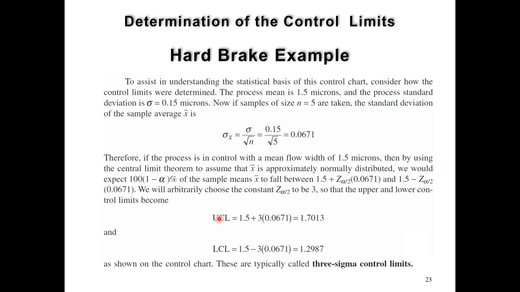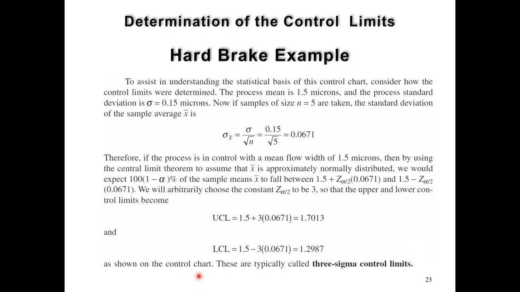So the simple computation is that the upper and lower control limits can be computed based on mean plus minus 3 times standard error. Then you have the values of upper and lower control limit as shown in the control chart.